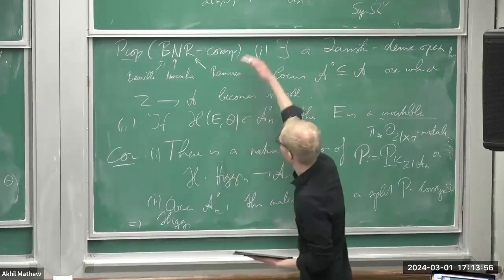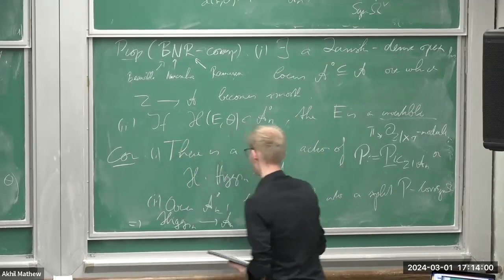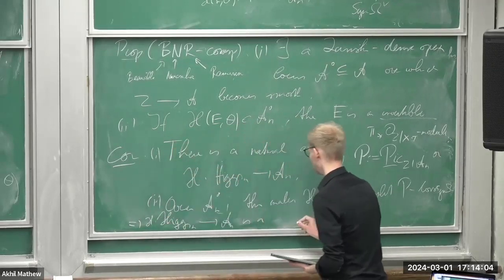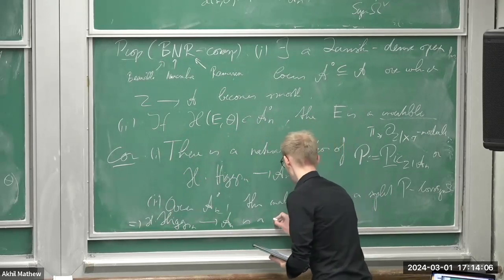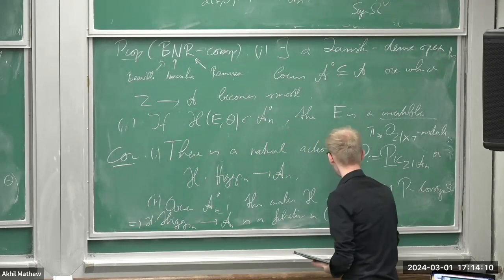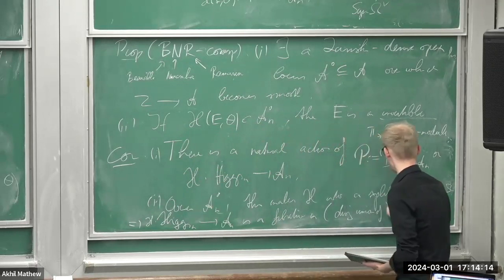So in particular, the statement of this theorem is namely that the Hitchin morphism is a fibration in disjoint unions of abelian varieties.